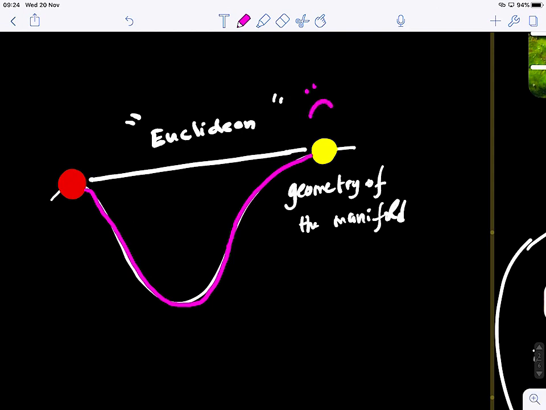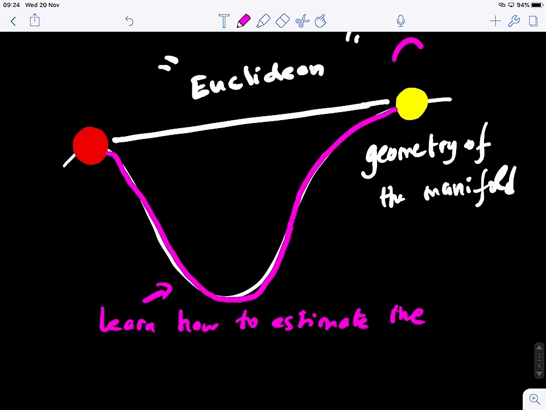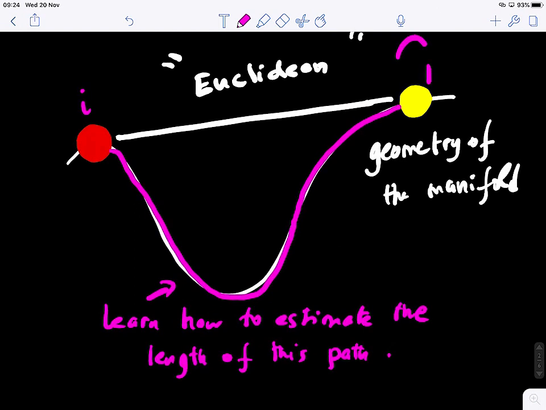What we want to do is learn how to estimate the length of this path that connects these two nodes I and J.